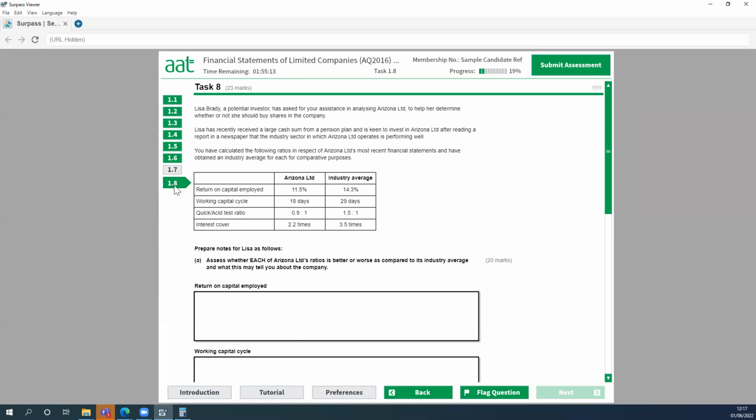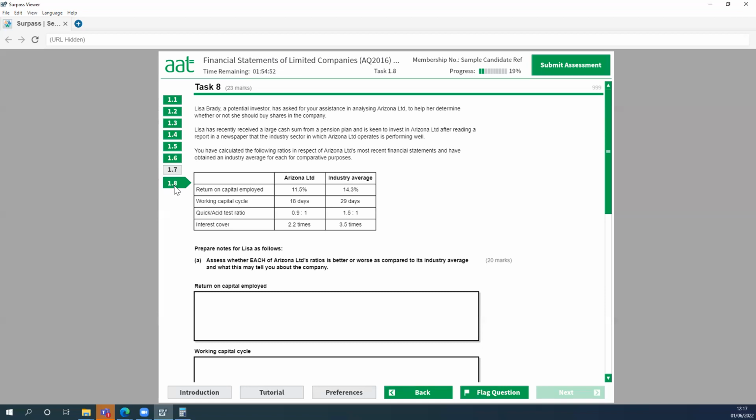So you're calculating the following ratios in respect of Arizona using the most recent financial statements and have obtained an industry average for comparative purposes. So return of capital employed is 11.5% for Arizona against an industry average of 14.3%.